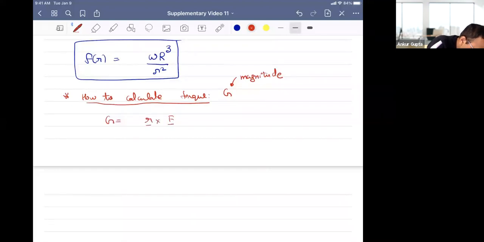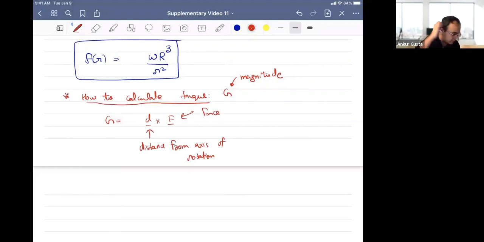Here r is the distance from the axis of rotation; let's call it D so that you don't get confused. D is the distance from the axis of rotation, and F is the force. Now the force is essentially what the fluid is applying. We know how to calculate that.